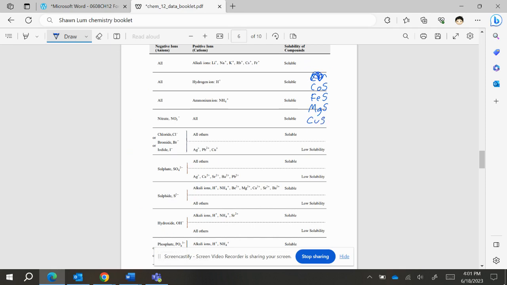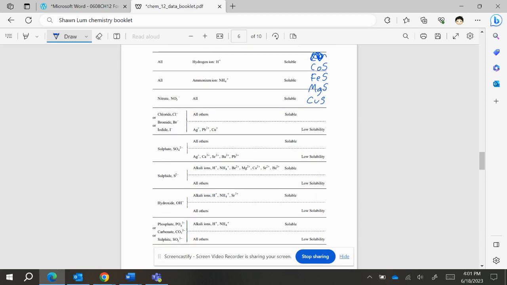Okay, so let's take a look. We're dealing with all sulfides. So CoS is low soluble. I'm going to write low soluble right here. That means it's not highly soluble.